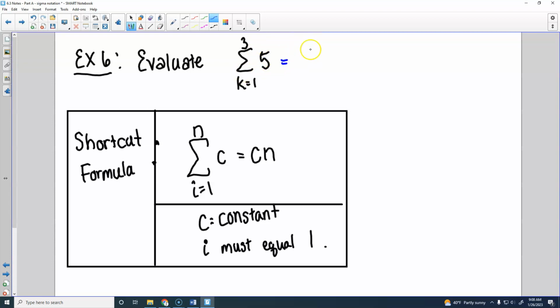There is no k here, right? So I'm not plugging the numbers in. So I've got 5. This one right here is whenever k equals 1. But that value doesn't change because there is no k in my formula, right? And so the next one, whenever k equals 2, I still get 5, right?